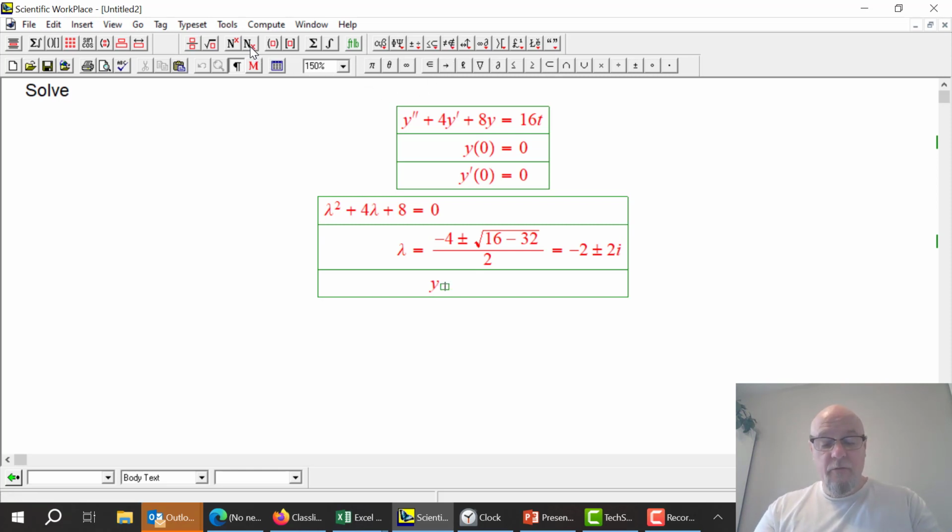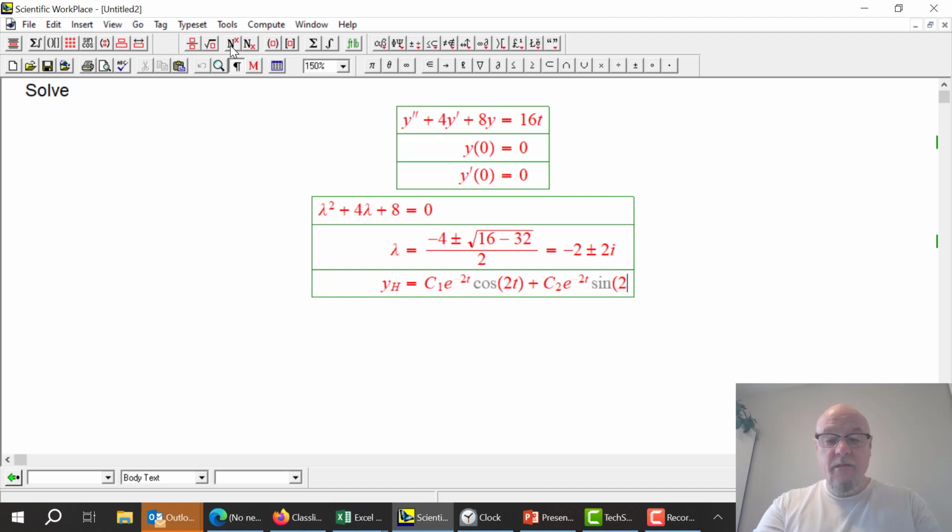So the homogeneous solution is going to be C1, those are the constants that I'm finding with my initial conditions, e to the real part t, you have to put a t on top of that e part as well, cos imaginary part t, plus next constant, C2, e to the real part t, there has to be a t on that one too, sine imaginary part t.